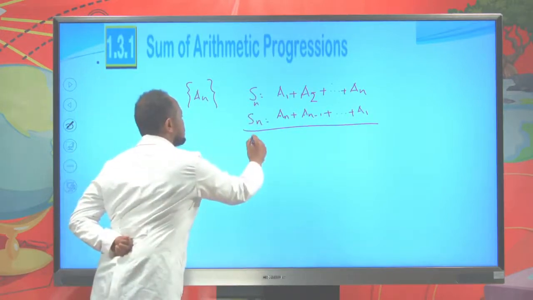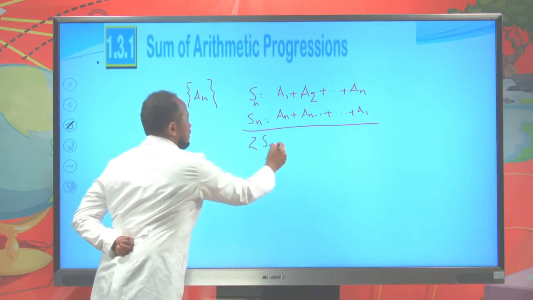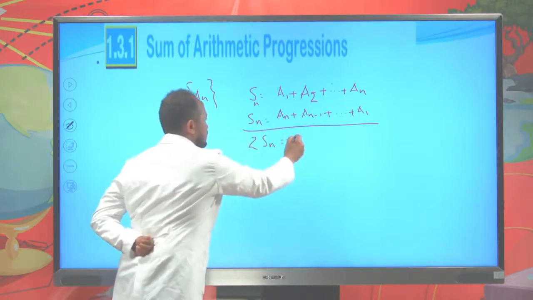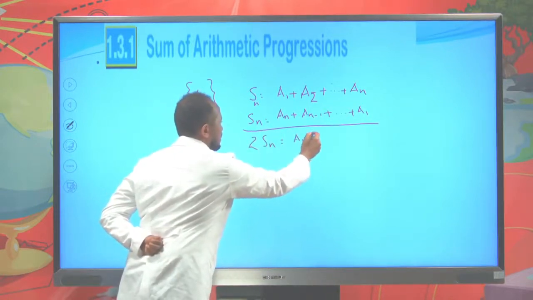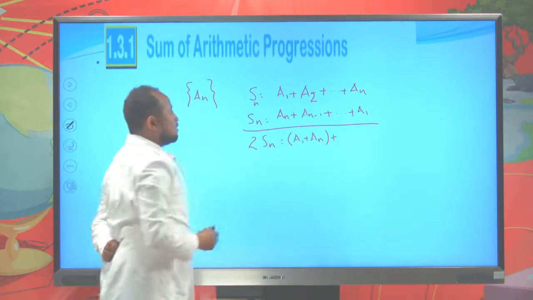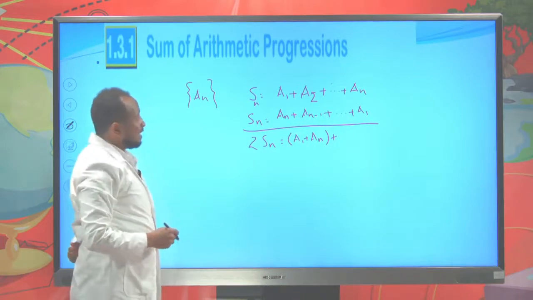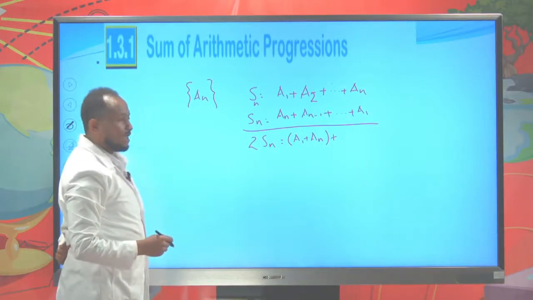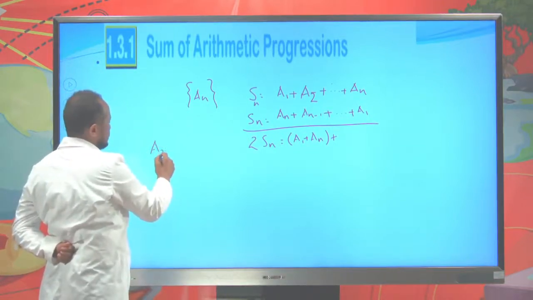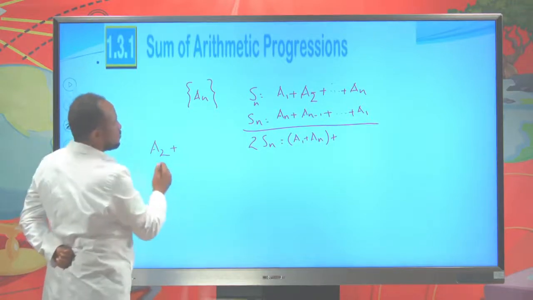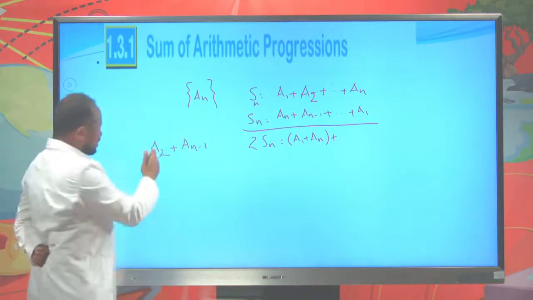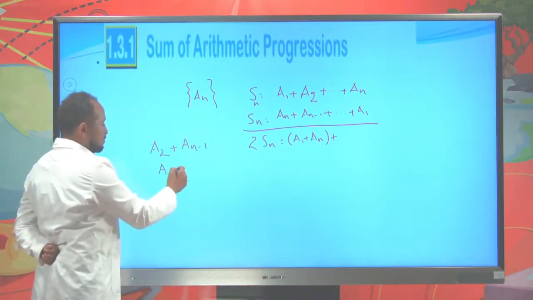When you add these, you get twice the sum of n terms of the arithmetic progression. This is equal to the sum of the first two, a1 plus an, plus the sum of a2 plus an minus 1, which is also a1 plus an. Let's see this. a2 is the first term plus d.